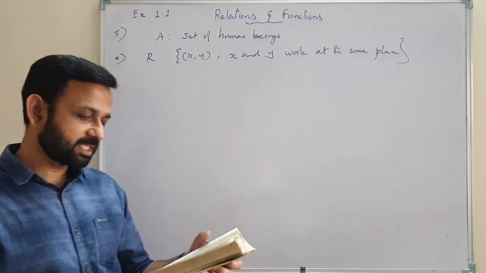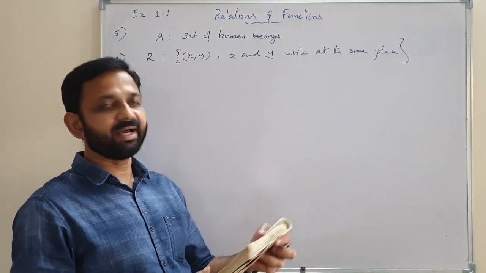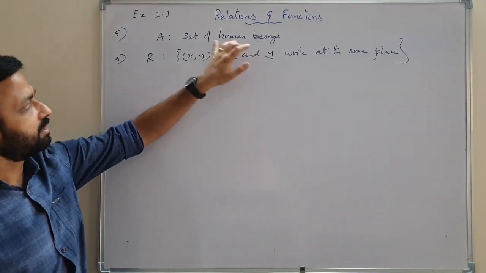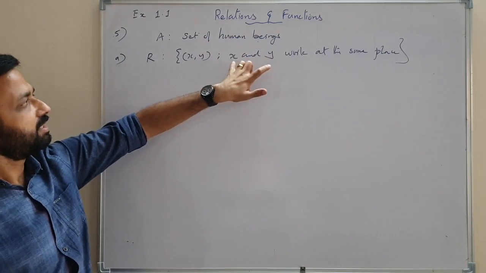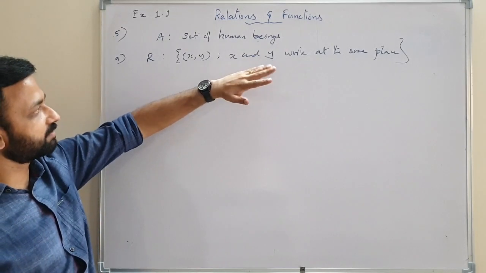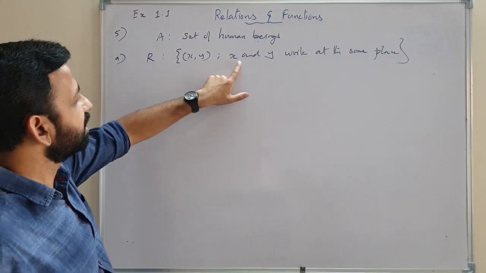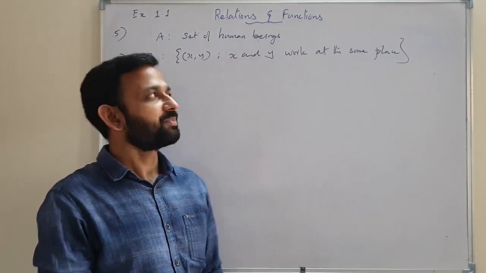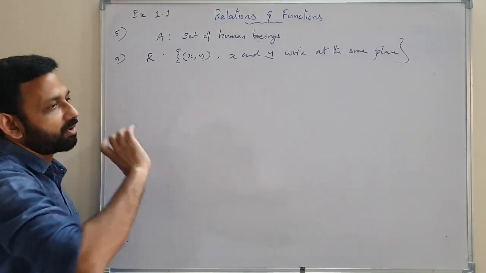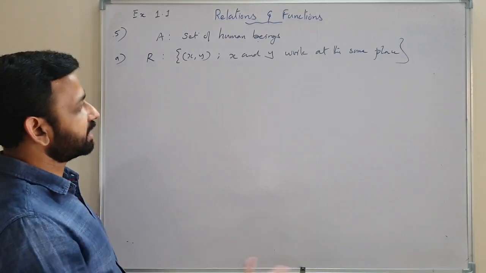So we want to check whether this is reflexive, symmetric and transitive. Here, the set of human beings in a town at a particular time, the relation is given: ordered pairs (x, y) such that x and y work at the same place. By the definition of the relation, (x, x) belongs to R, because x and x work at the same place.